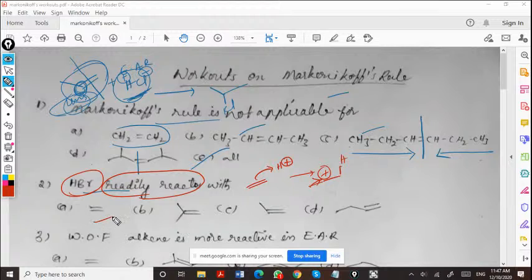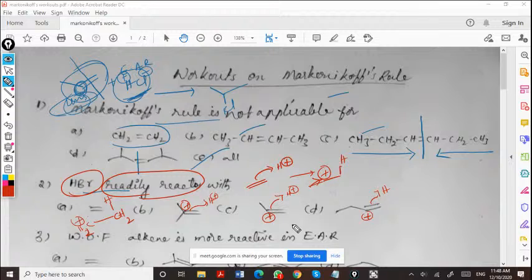If it is A, it is going to give CH2 plus and CH3, because H plus will attack the other side of the CH2. If this is there, the double bond will be attacked, so positive charge will be generated here. If this is there, positive charge will be here.